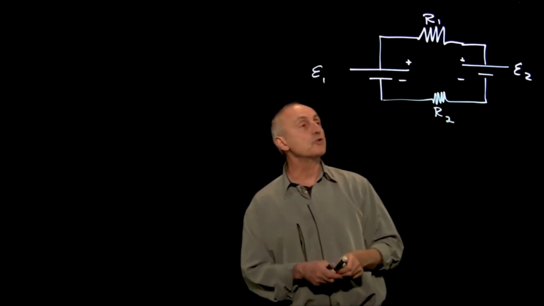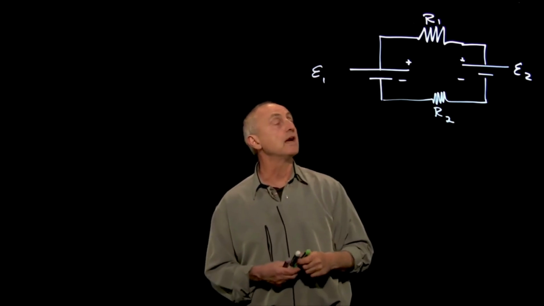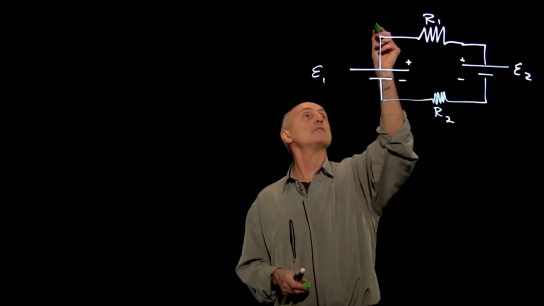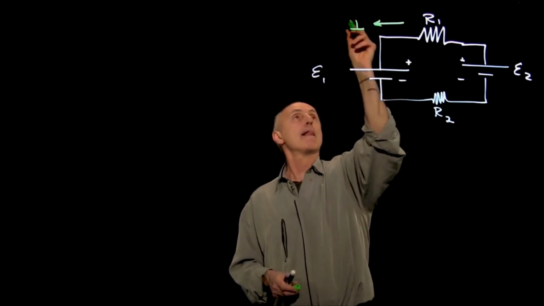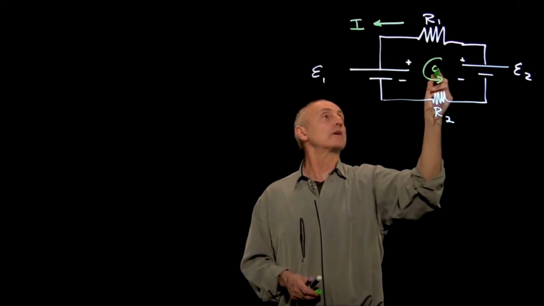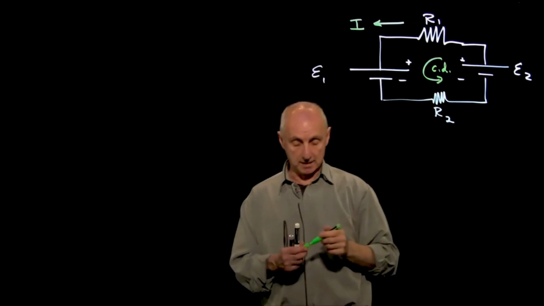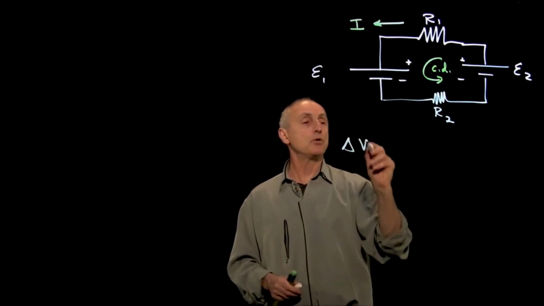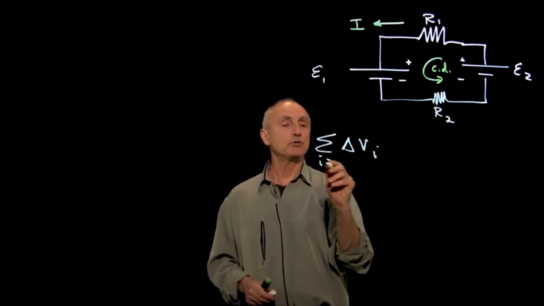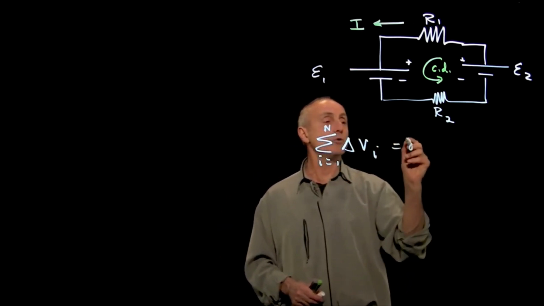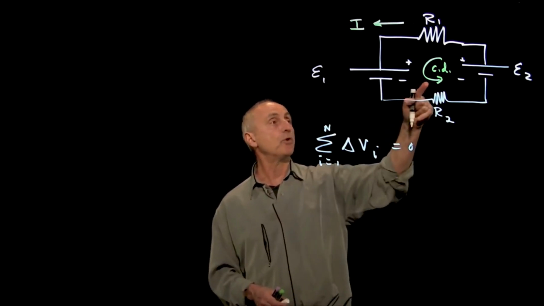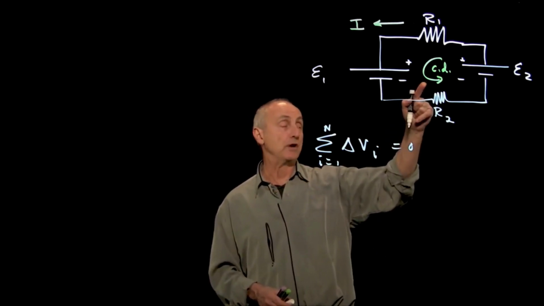So first off, we have two conventions to choose. I'm going to choose my current to flow this way, and my circulation direction like that. And now I'm going to apply the principle that the sum of the voltages across each element is 0, where what we mean by delta V is V after minus V before, as defined by the circulation direction.